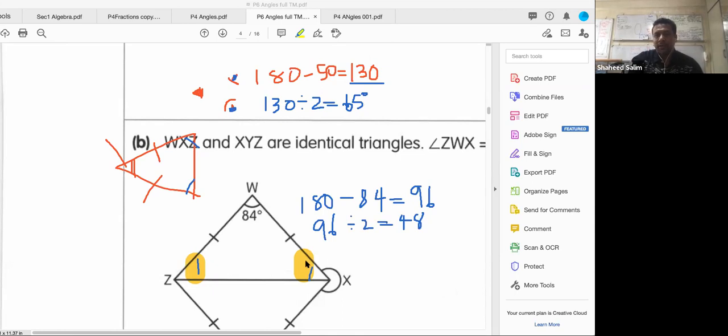So this is 48 degrees. But if you look carefully, the bottom is also 84, and this one is also 48. This is also 48. 48 plus 48 is 96. 360 minus 96 is your answer, which is what? It's not 264. Oh yes, 264. 264 degrees. Congratulations to Mr. Akil.